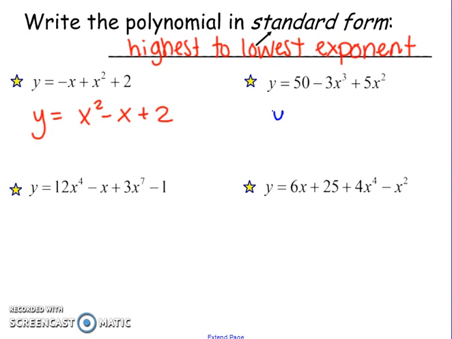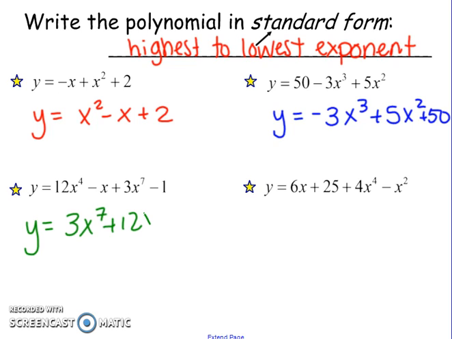And the next one, what's going to go first? Negative 3x cubed plus 5x squared plus 15. And the next one, we're going to put the 3x to the 7th first.